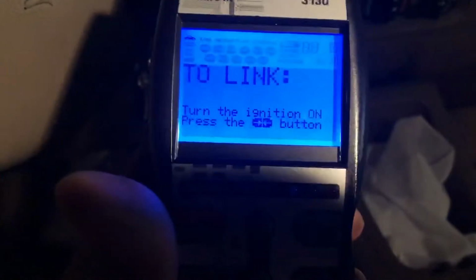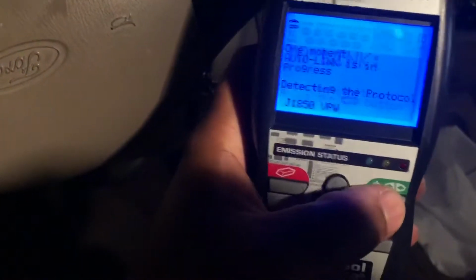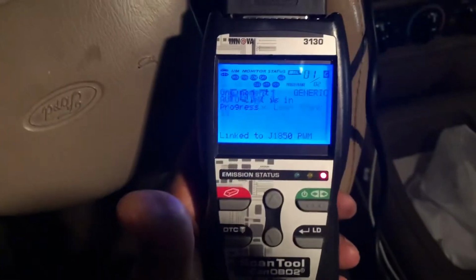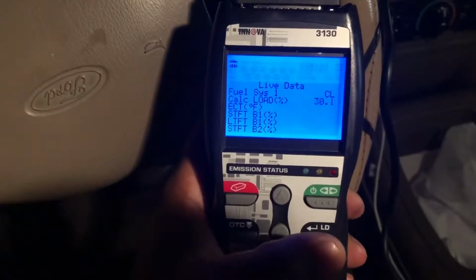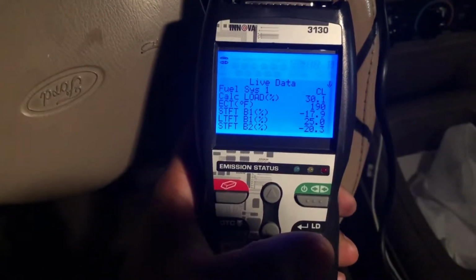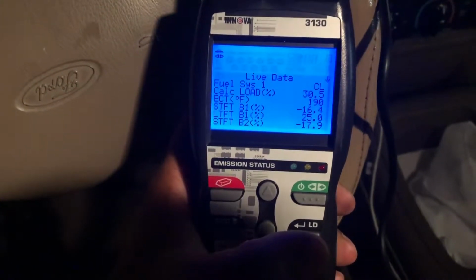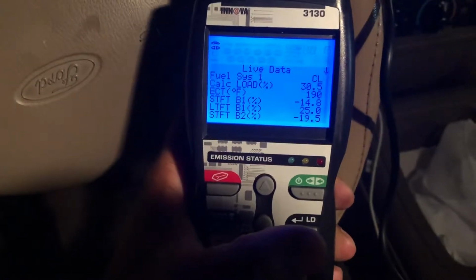In the vehicle now, got my vehicle running. I'm gonna go ahead and connect to the vehicle. Go to live data mode. And you see my fuel trims are going negative.